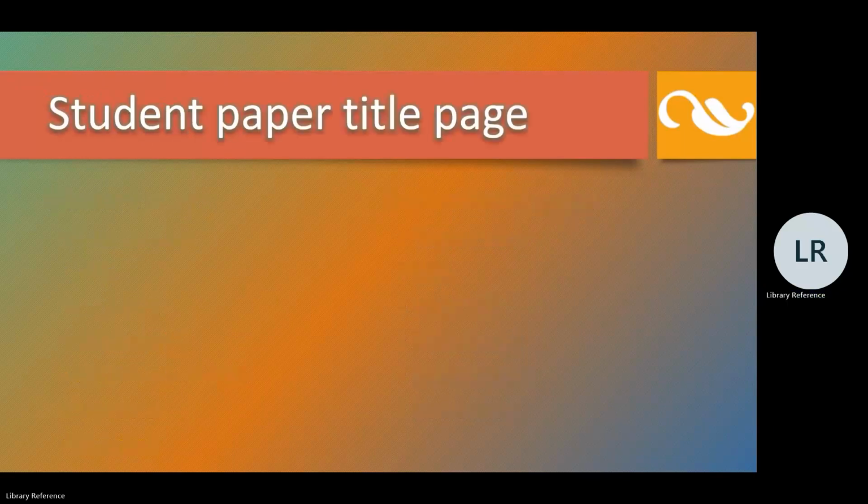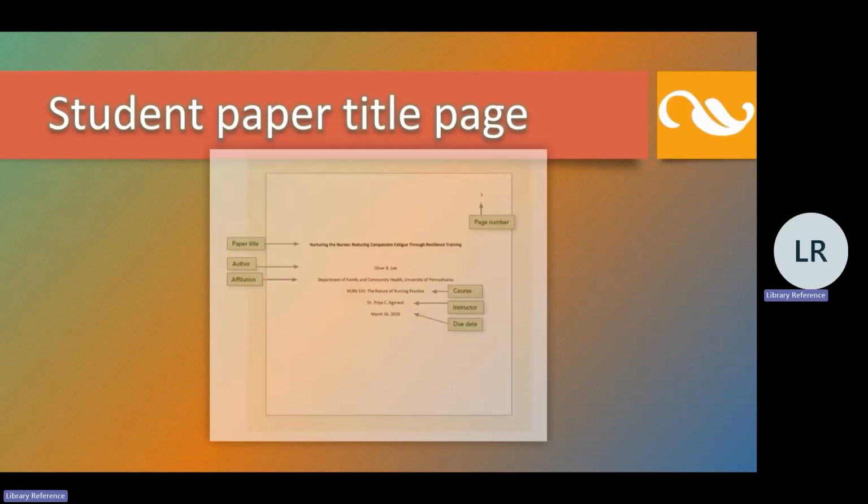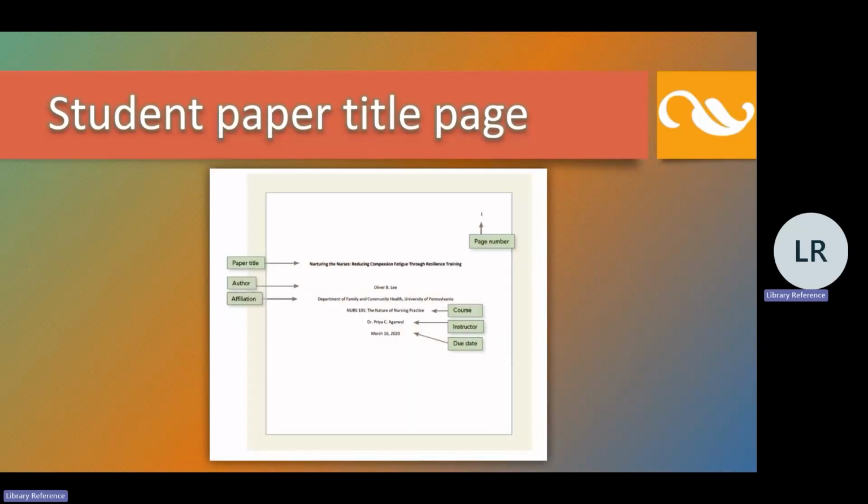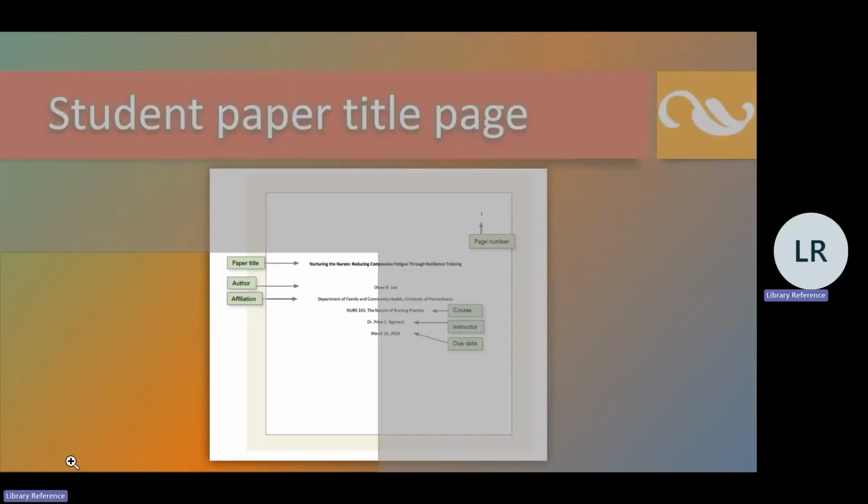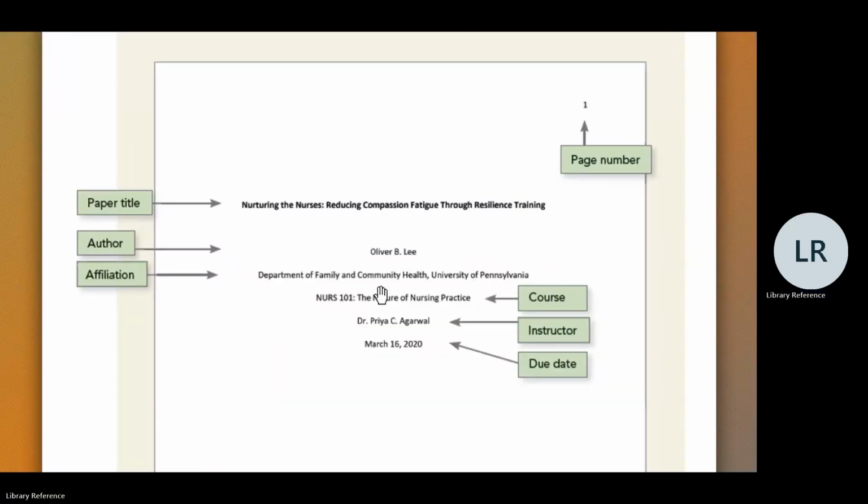So let's have an example of a student paper title page. It will look something like this. Let me enlarge this a little bit so that you can better see it. What do we have here? We have page number 1 at the top right of the page. We have a few empty lines at the top.